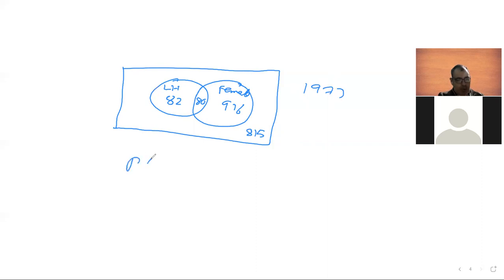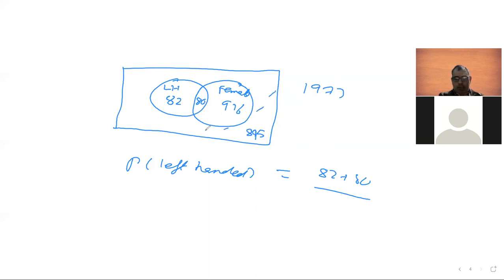So when we find the probability of left-handed, it will be equal to this whole circle, 82 plus 80, divided by the total. Is 815 the total? 895. It is 895. Sorry, it's 895, and 895 is outside these two circles.